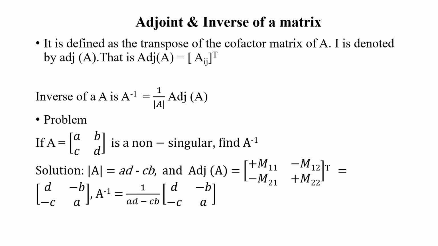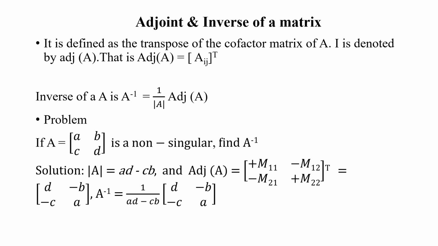Now I consider any square matrix A which contains a, b, c, d, which is a non-singular matrix. That means the determinant is not equal to 0. We find A inverse. In order to find A inverse, we need the determinant of A, that is equal to ad minus bc. Then you find the adjoint of A, that is minus 1 to the power i plus j into Mij, whole transpose.